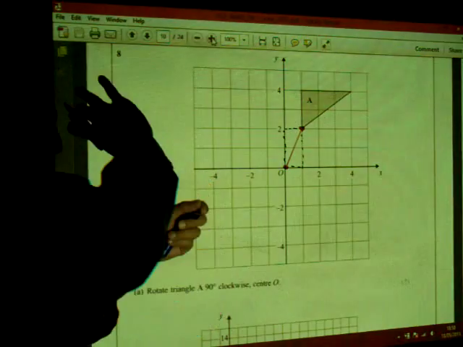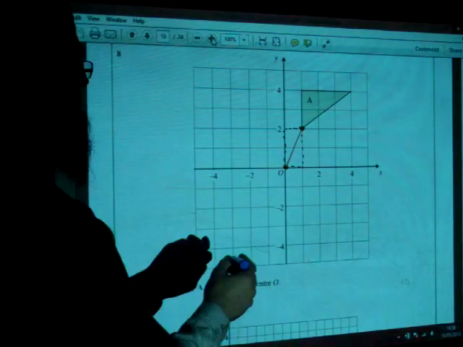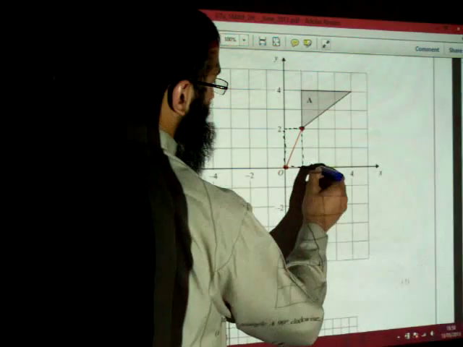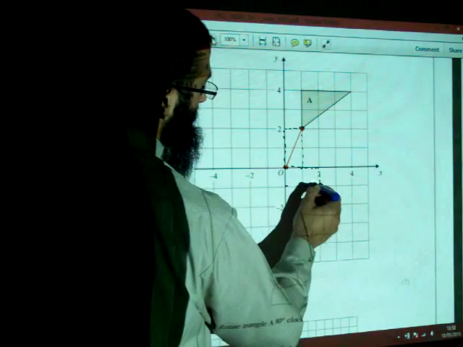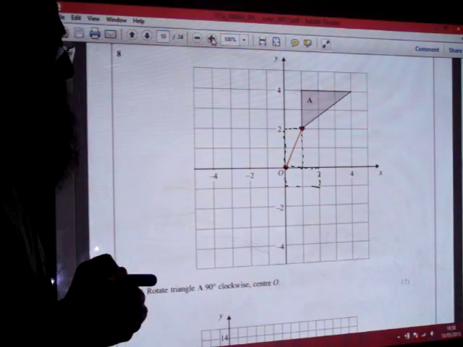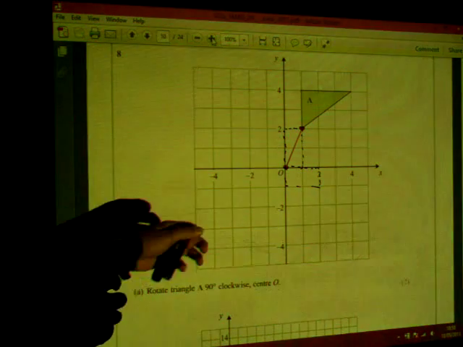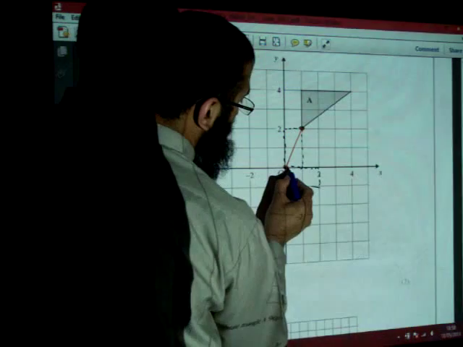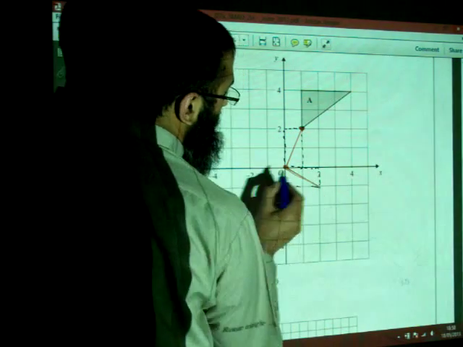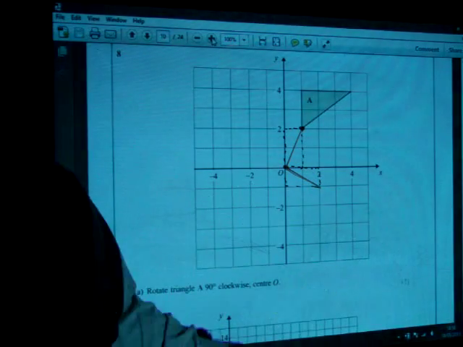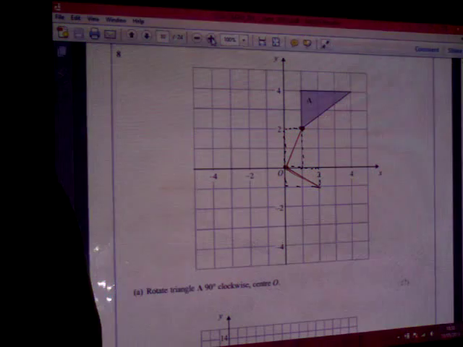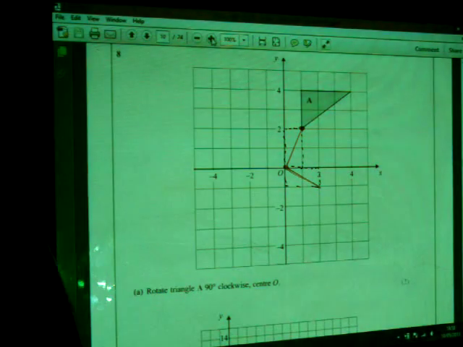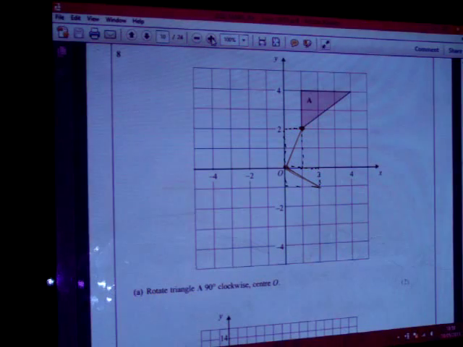If you rotate that rectangle 90 degrees clockwise, where would it be? If you spun that rectangle around, it would be there. Now I want you to draw that line and then double check it, Isa, by measuring it with your protractor.